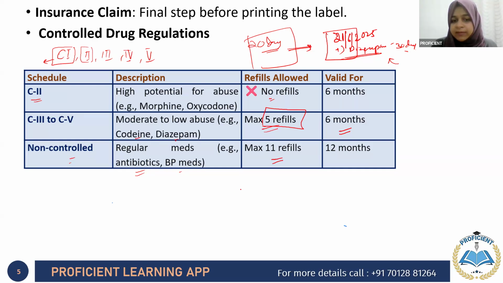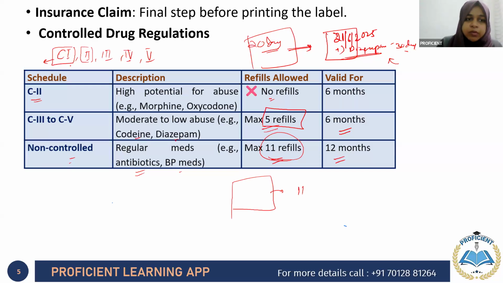You get it dispensed the first time when you get the prescription, and after that you can refill it 11 more times. So in total, how many times will you get the drug? 12. Maximum refills means once dispensed, after that you can get it dispensed 11 more times. So it is valid for 12 months.